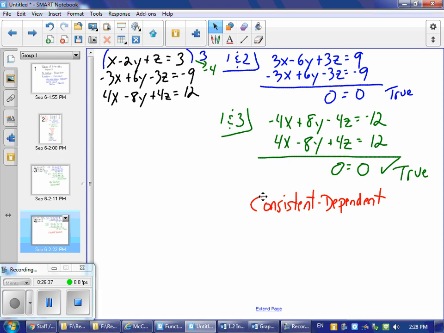So there you have an example of all of the major types of solutions that we could get. You could have one solution, which is consistent independent. You could have no solutions, which is just simply inconsistent. Or you could have multiple or infinite number of solutions, because these things actually meet at a line, which is going to be a consistent dependent solution set.